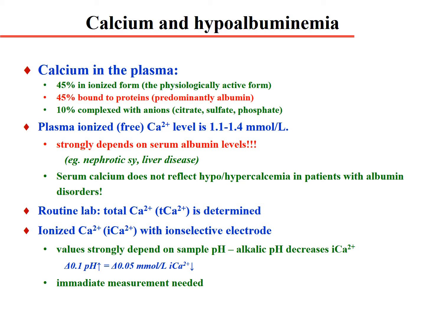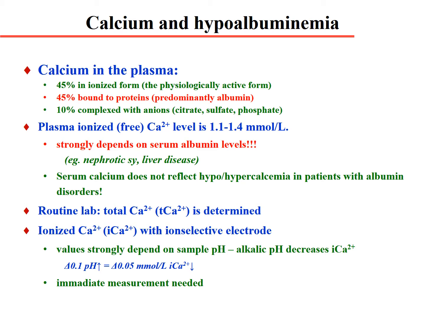Because the ionized free calcium is important, and its concentration ranges from 1.1 to 1.4 millimole per liter, and this depends strongly on the amount of protein in the plasma, mainly albumin. In certain diseases such as nephrotic syndrome or liver disease, when the albumin level decreases, the total calcium level doesn't reflect whether the patient has hypo- or hypercalcemia.